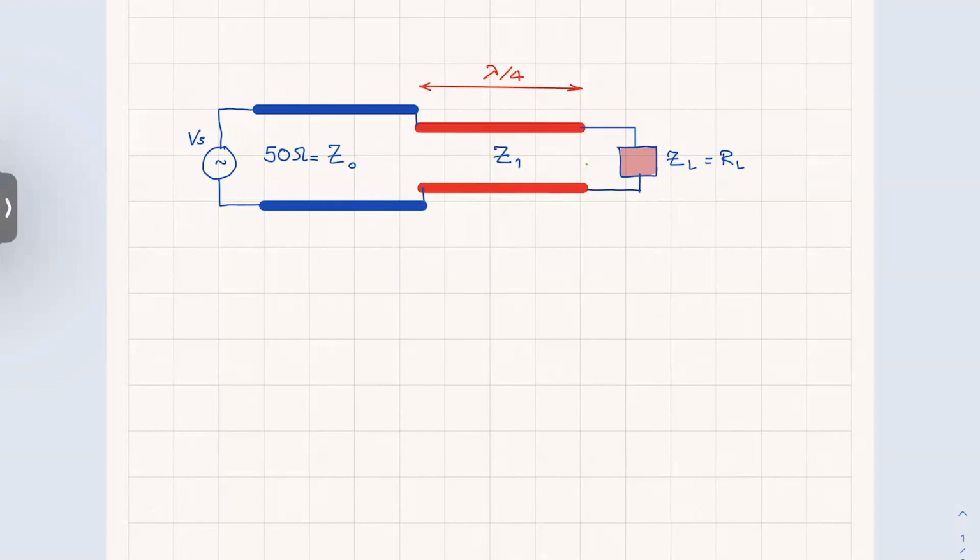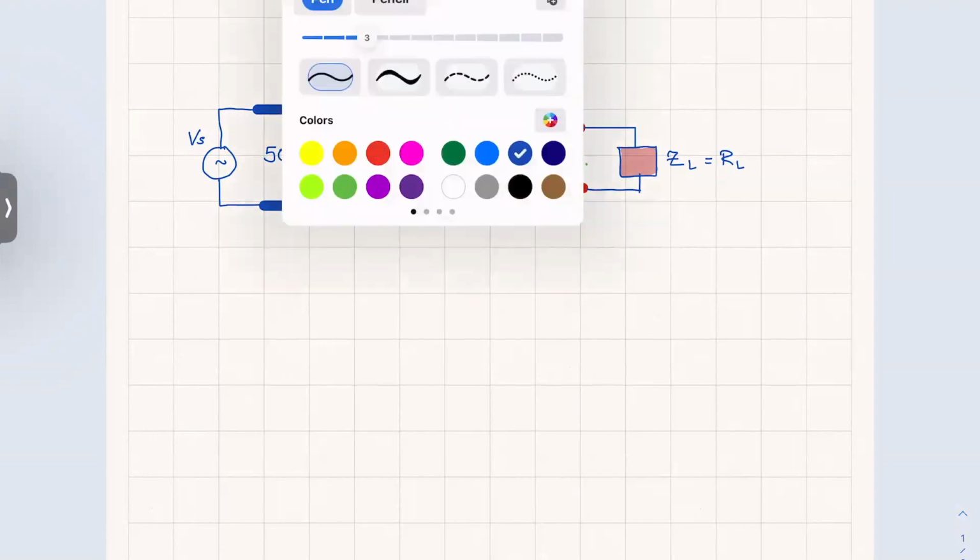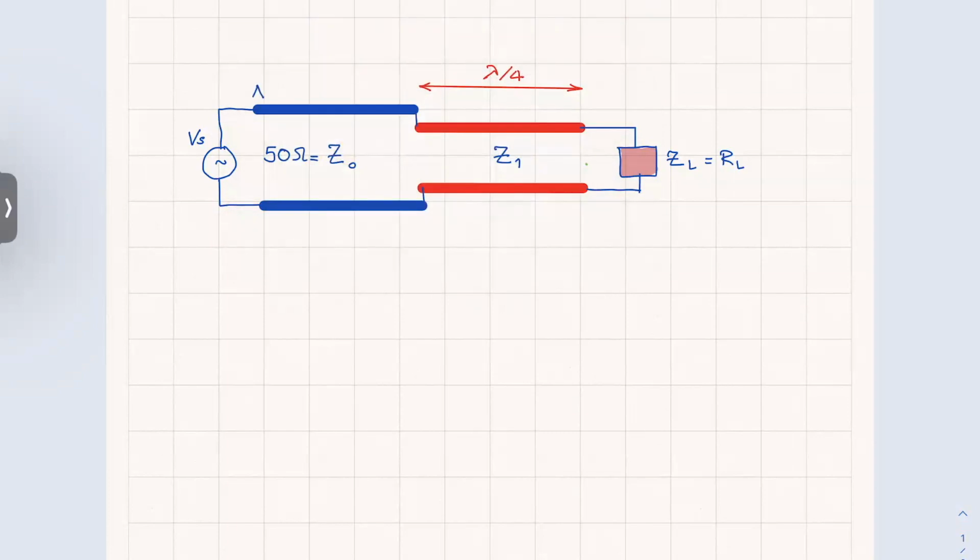So for example, let me also name the nodes, all right? As you should do, A A prime, B B prime, C C prime. See, I always name them.